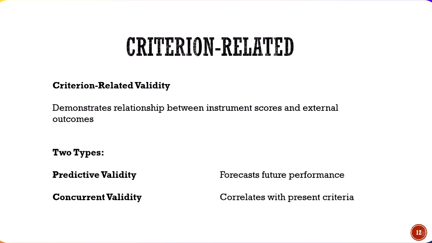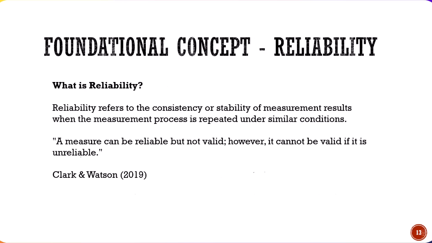When these two are able to relate, then we say we have criterion related validity. Like others, we have two types. We have the predictive validity, and then we have the concurrent validity, where we correlate with present criteria.